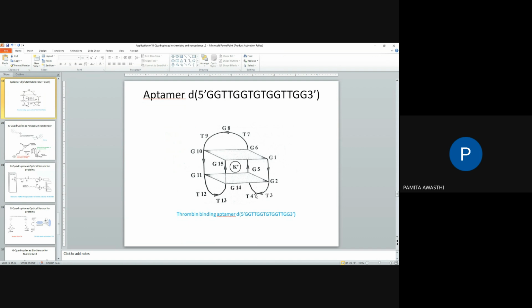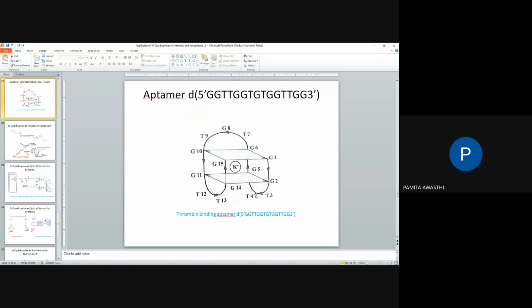Further, this nucleoside is also important in supramolecular chemistry for serving as a primary model for development of a range of sensors as well as nanomachines, which I would be discussing subsequently.